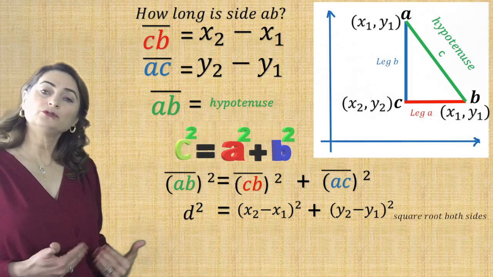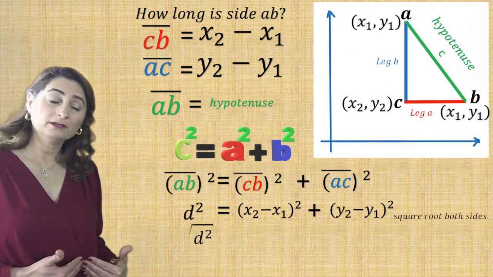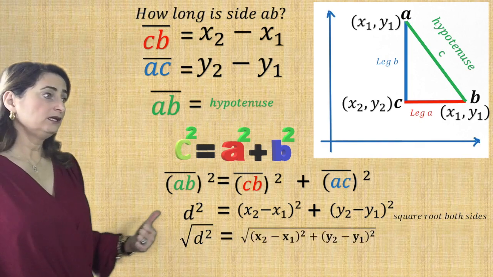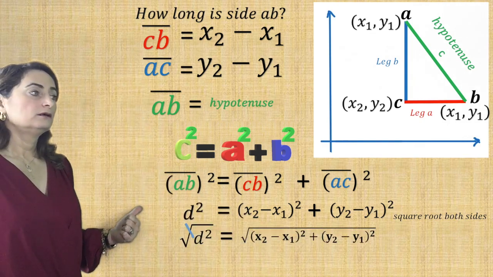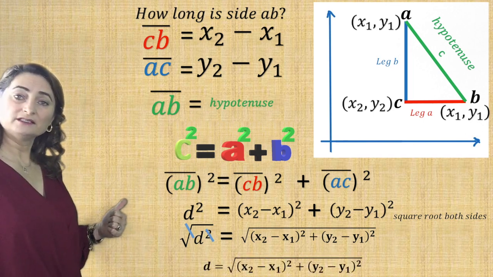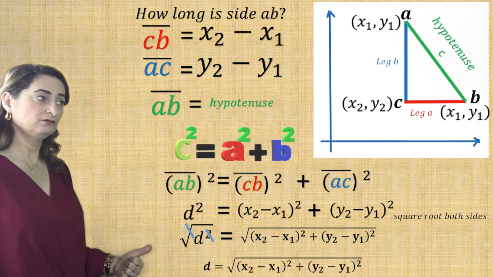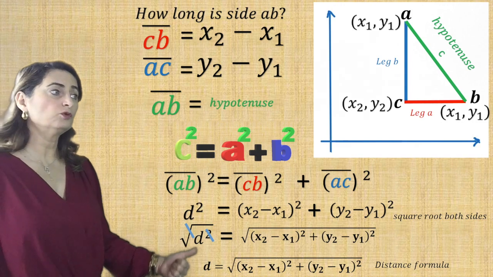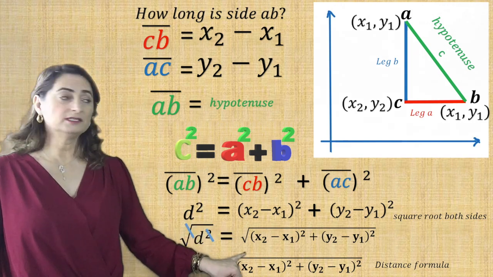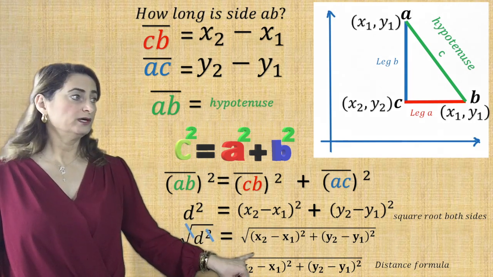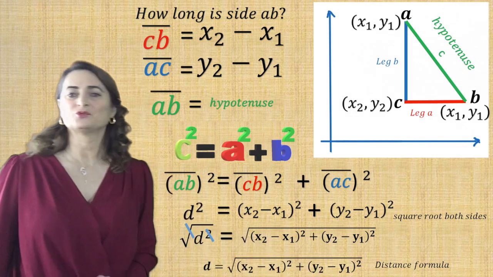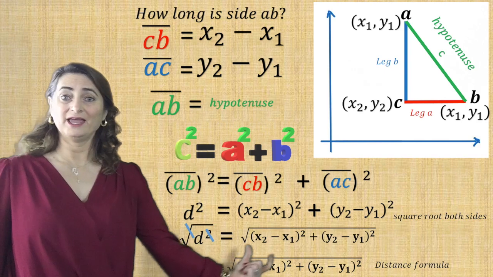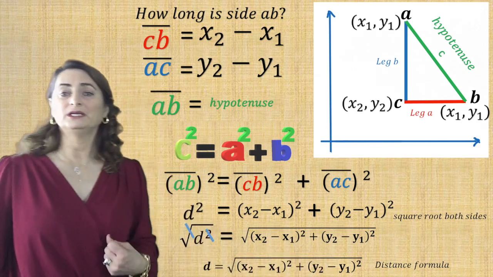Now square root both sides to get rid of the squaring. So you square root D and you square root all this side. Remember, squaring and square root, they cancel each other. So you end up with D, which is the distance, equal the square root of the difference in the x's, x2 minus x1 squared, plus the difference in the y's, which is y2 minus y1 squared, because this is leg A squared plus leg B squared.